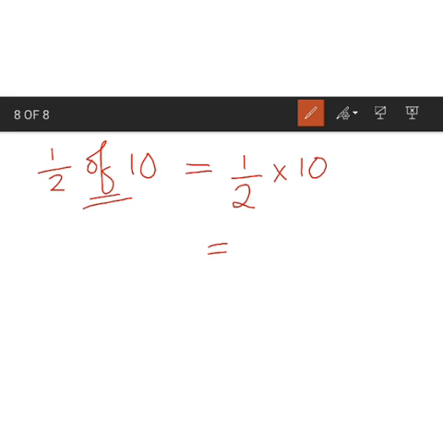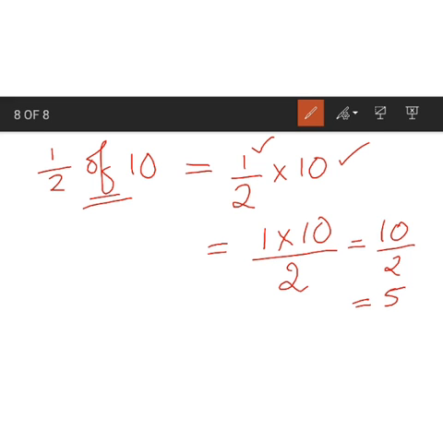So this is the whole number part and this is the fractional part. What we should do is multiply the whole number part to the numerator. So 1 into 10 divided by 2. 1 into 10 is 10 by 2. 10 divided by 2 we get the answer as 5. So 1 by 2 of 10 is 5.